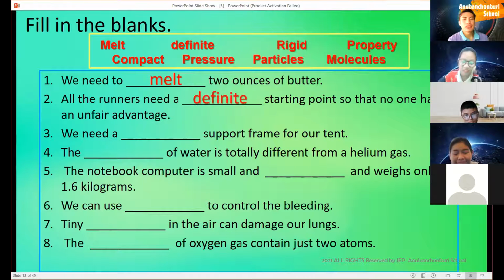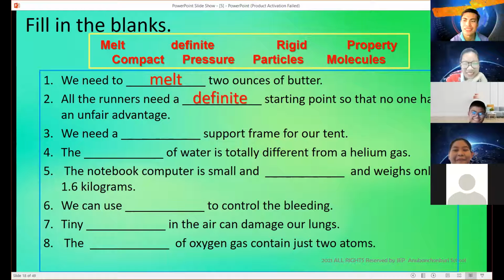All right. So number 3, we need a blank support frame for our tent. What should be the answer? We need a blank support frame for our tent. Nataya cannot answer anymore because she already finished answering the definite.